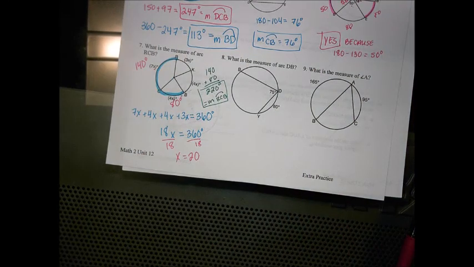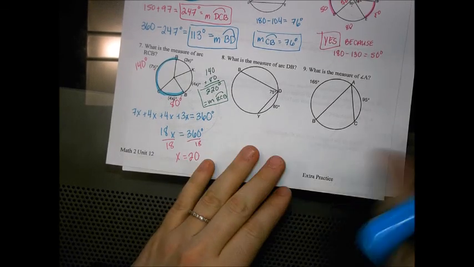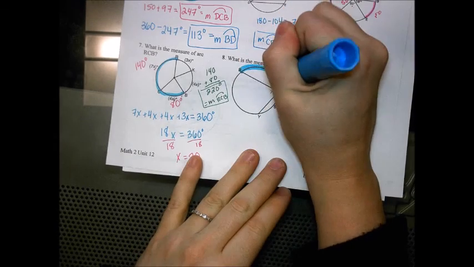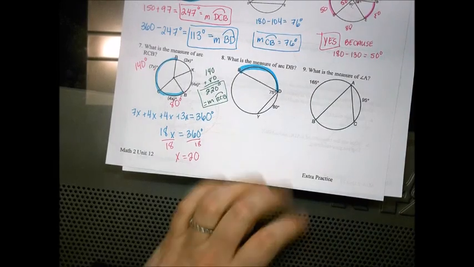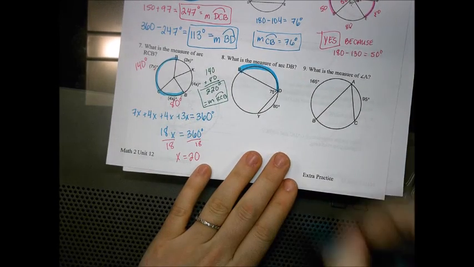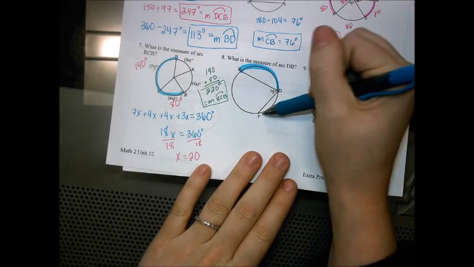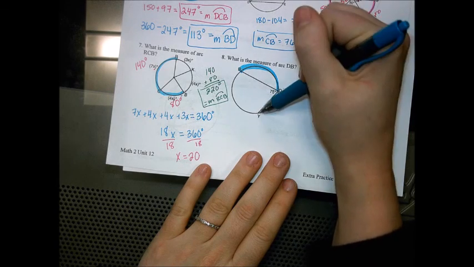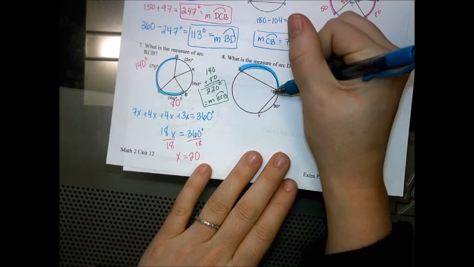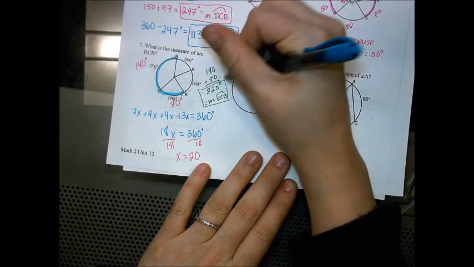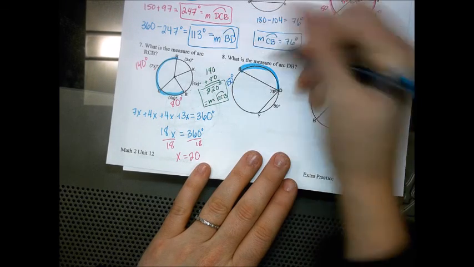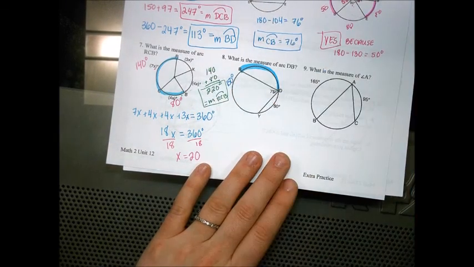Number 8, what is the measure of arc DB, which is here? Well, I don't have a diameter on this one, but I do know arc DY, and I can find arc BY by doubling my inscribed angle. So this arc would be 150 degrees, because 75 times 2 is 150.